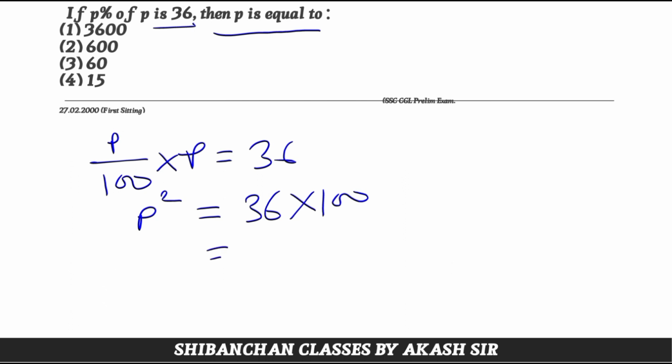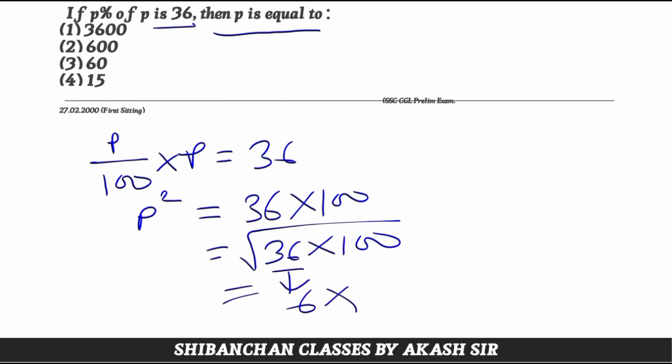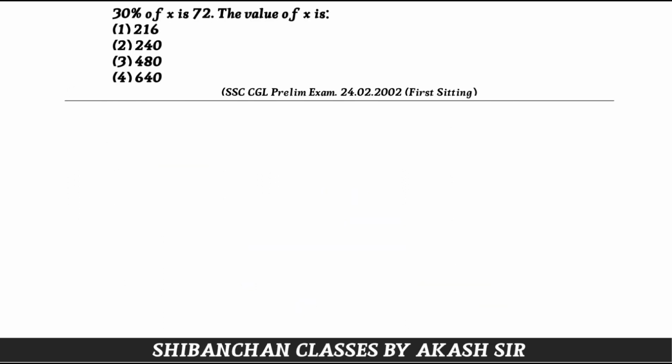Now this square means root over 36 into 100. As we know, square root of 36 is 6 and square root of 100 is 10. The answer is 60.